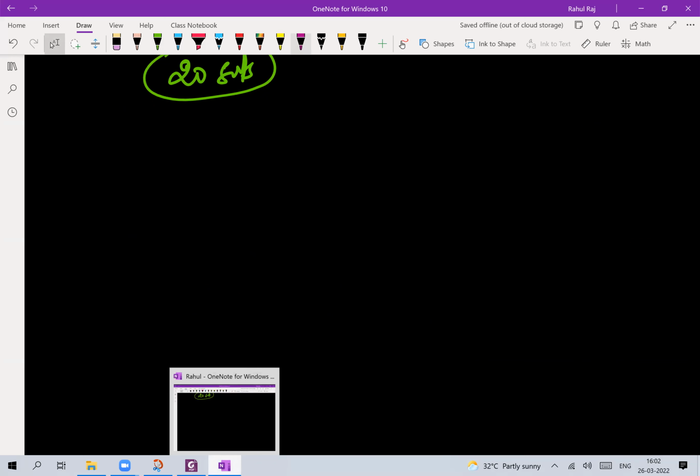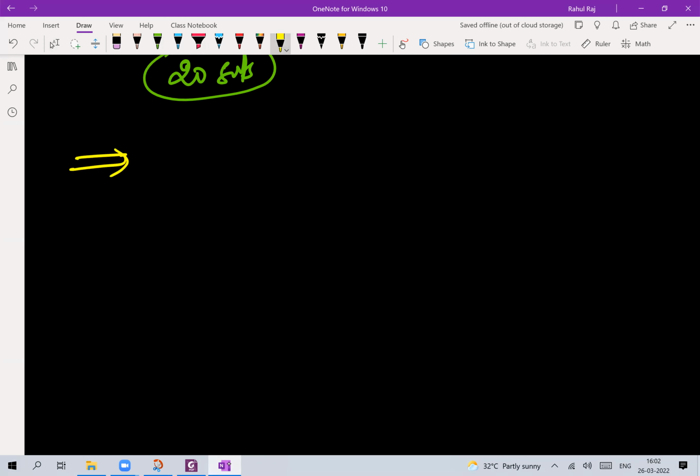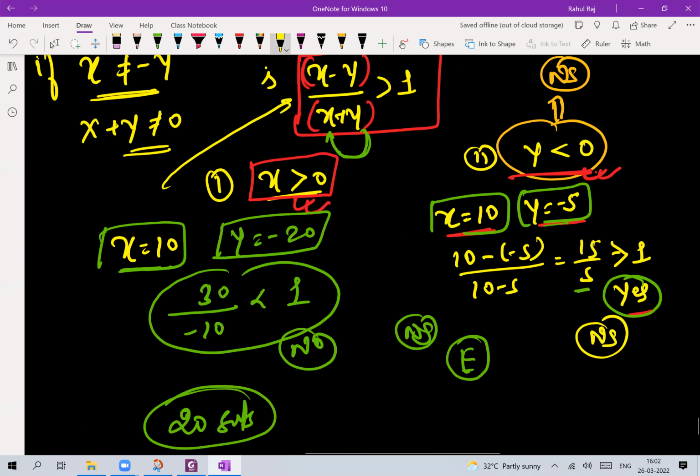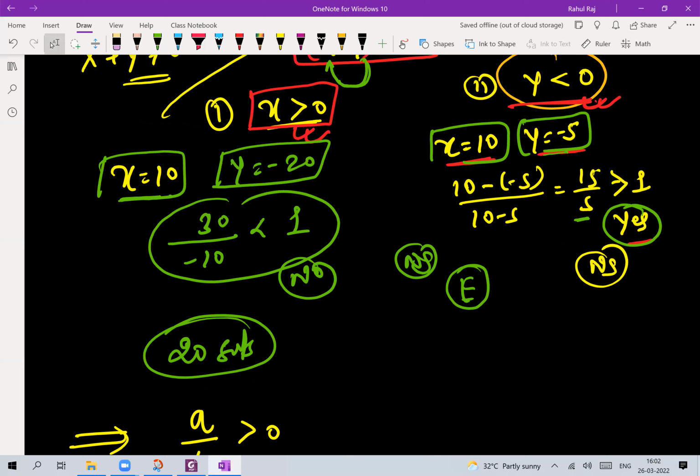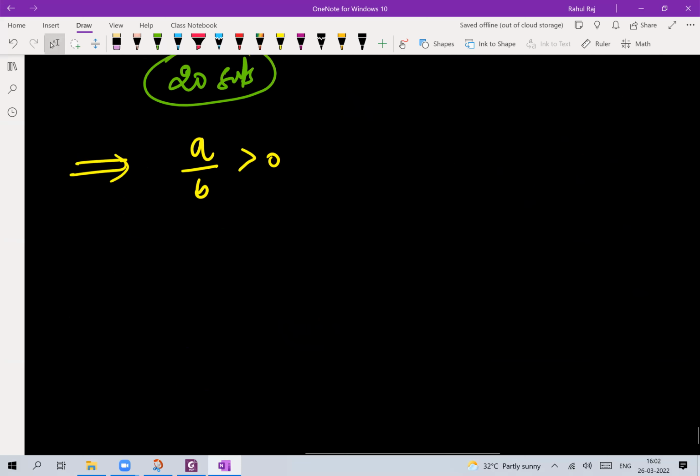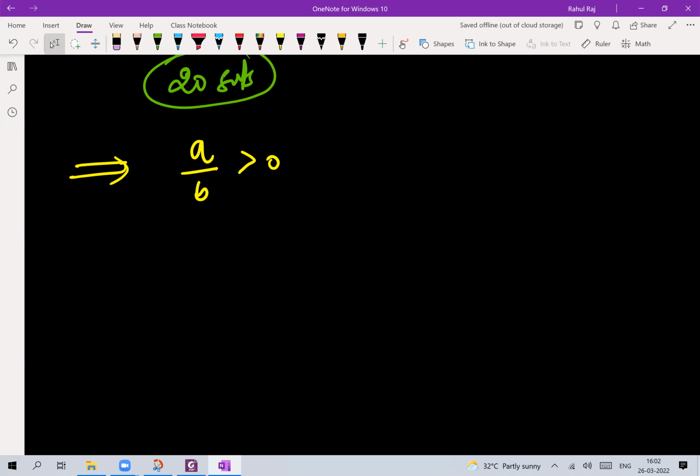So next concept is like, imagine if I say to you a over b greater than 0. Any doubt, boss? Please tell me. Any doubt? No. So see, a over b greater than 0. What does this mean? In terms of sign, it's an inequality. So always your first thought process should be in terms of sign.